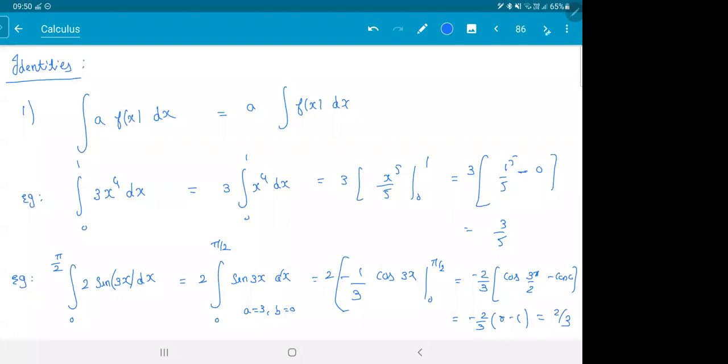Next one. The second identity, integral f of x plus or minus g of x dx. So this is integral f of x dx, plus or minus integral g of x dx. You just split them. So you take each one separately and finish it off.